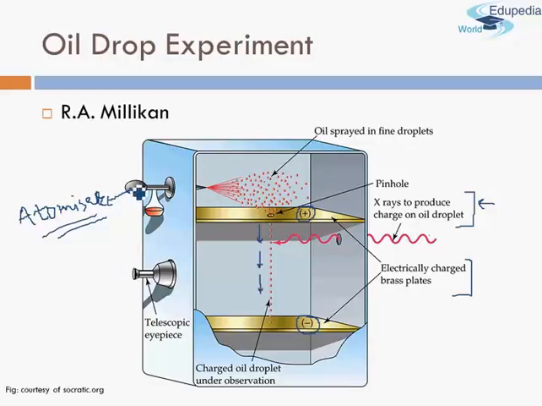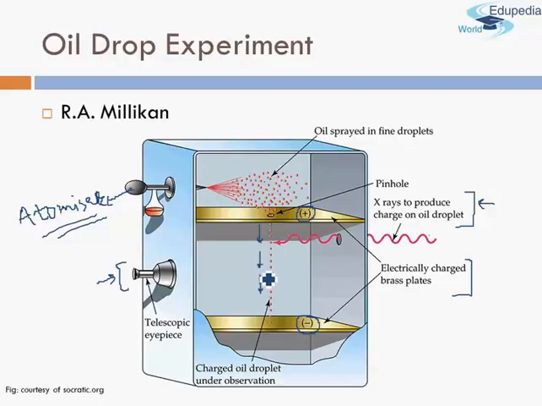And we can observe the whole experiment using this telescopic eyepiece present over here. We can observe these droplets and how they are moving in order to make certain changes during the process. So let's see what happens now. We are going to ensure that electric force acts in the direction opposite to gravitational force.